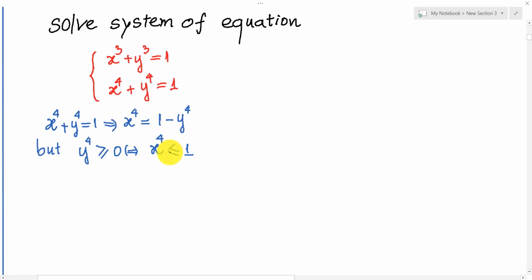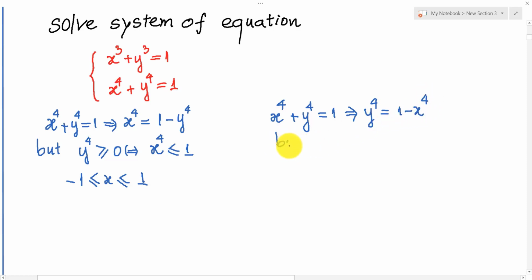If x^4 is smaller than or equal to 1, we get -1 is smaller than or equal to x and x is smaller than or equal to 1. Similarly, from x^4 + y^4 = 1, I can find y^4 = 1 - x^4. But x^4 is bigger than or equal to 0, so we get y^4 is smaller than or equal to 1.